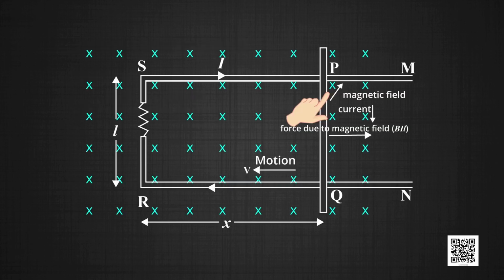It is this power that we need to put in, and we need to put in the energy constantly to keep the rod moving. Otherwise, the rod would like to stop because the magnetic force is applying the brakes to it. So, we can calculate the electric power given to the resistance R that we had drawn.